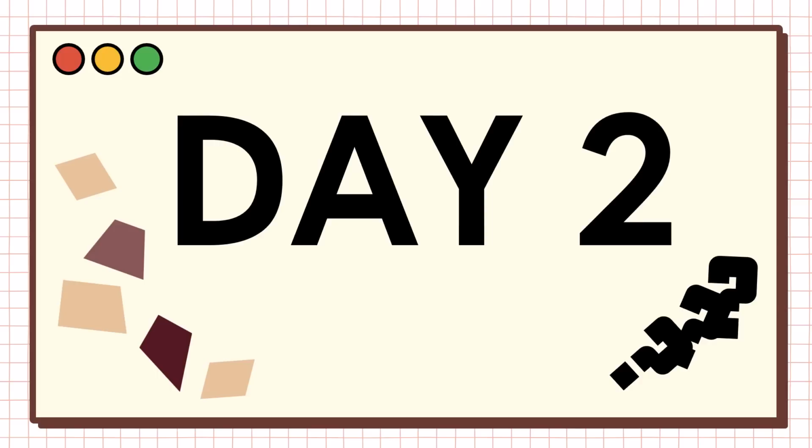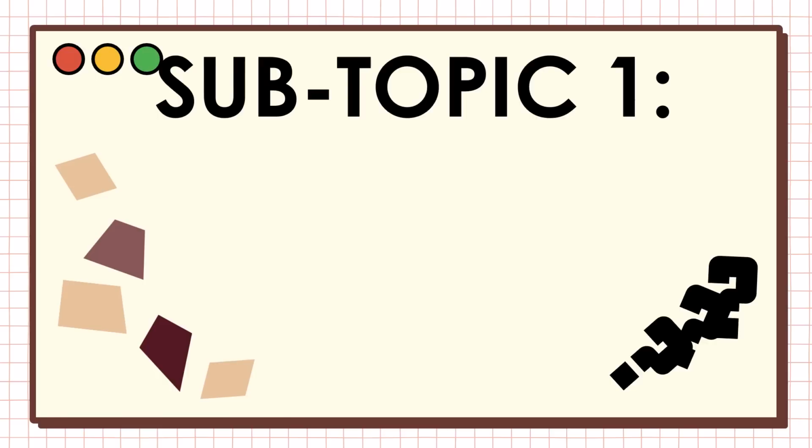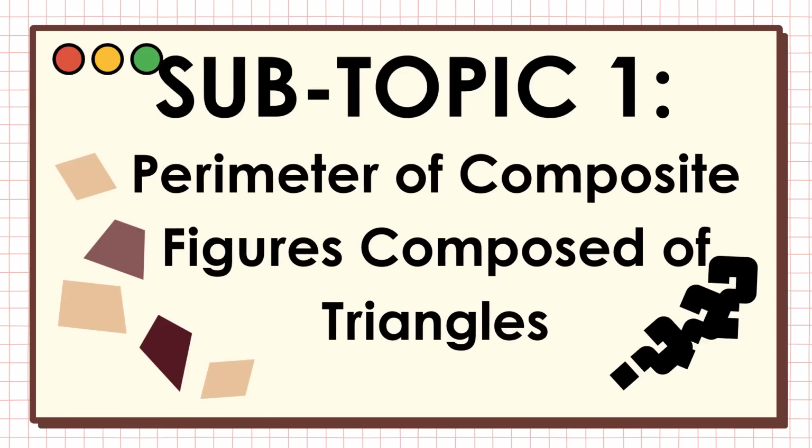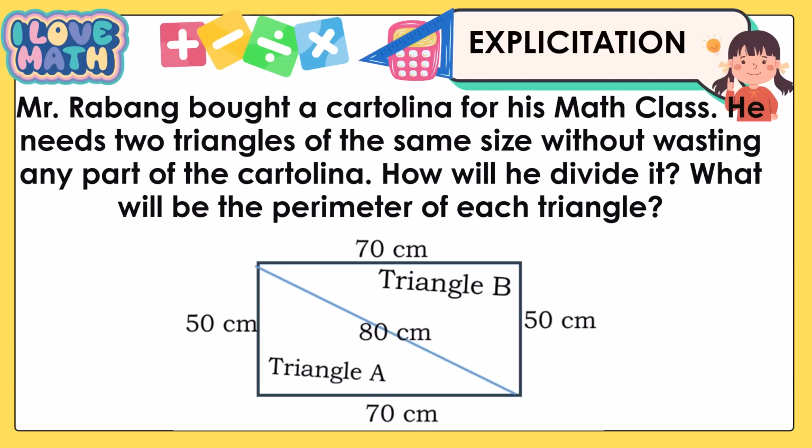Day 2. Subtopic number 1. Perimeter of composite figures composed of triangles. Let's read a problem. Mr. Rabang bought a cartolina for his math class.